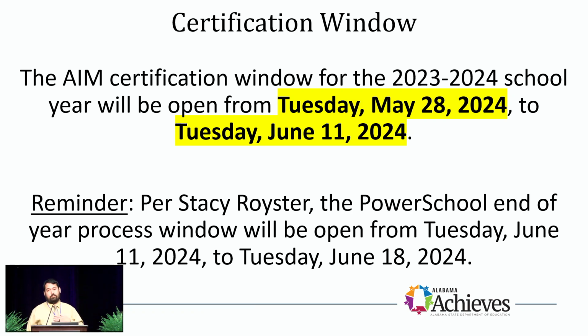So I'm trying my best effort to make sure we have as much accurate data as possible. Me opening the window prior to the PowerSchool window will hopefully work in your favor to help you identify any issues and allow you time to correct them, make your updates in PowerSchool, wait for it to roll over in the AIM tiles, and then you can certify both successfully.